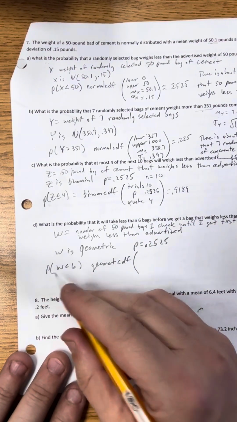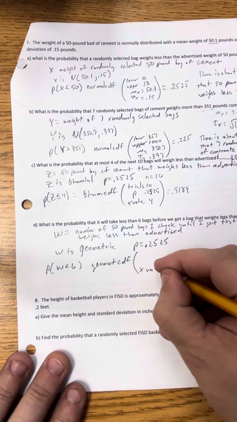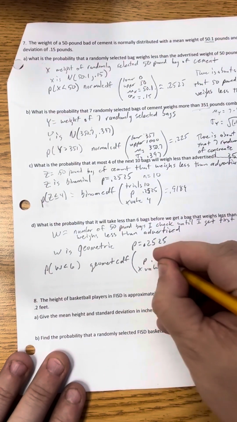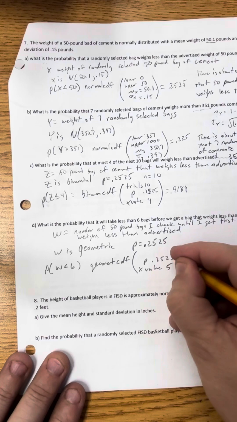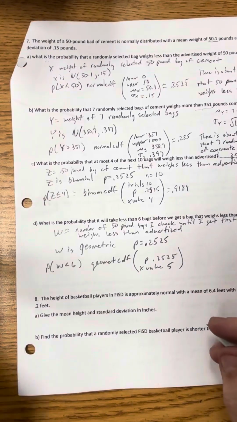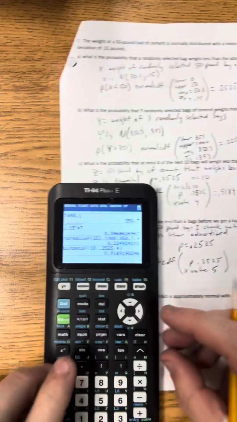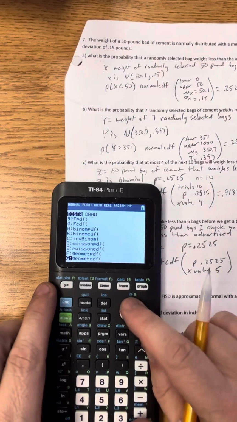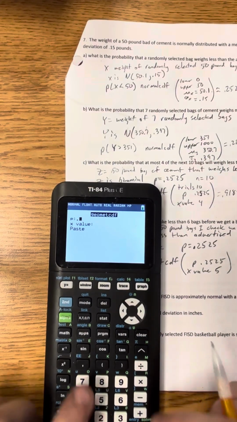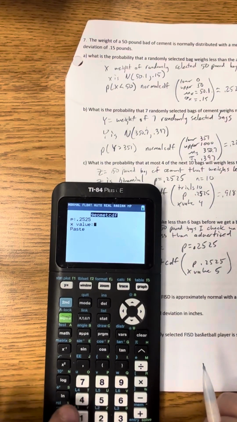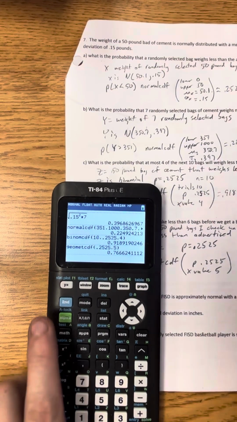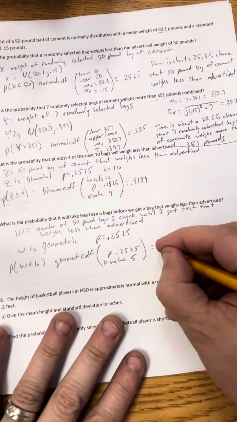It says less than 6, so I want 5. So the x value is 5, p is 0.2525, and that's all you do. There are no trials to enter. So geometcdf with p 0.2525 and x value 5 gives me my answer.